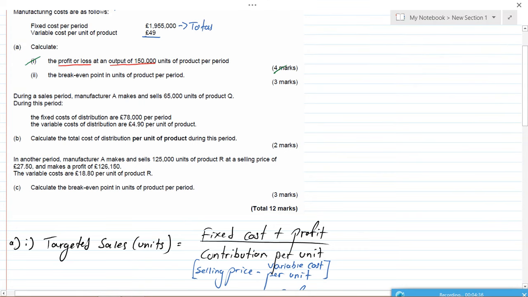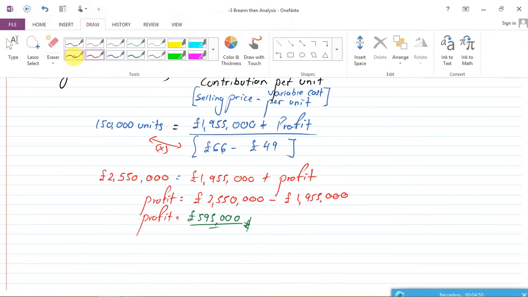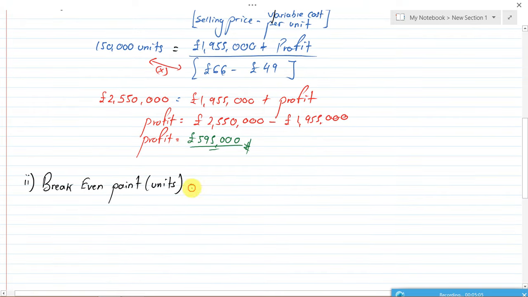Now, what is the A number 2 telling? The break-even point in units. So straight away over here, let's put in the formula. A number 2, break-even point in units, which is fixed cost over what?